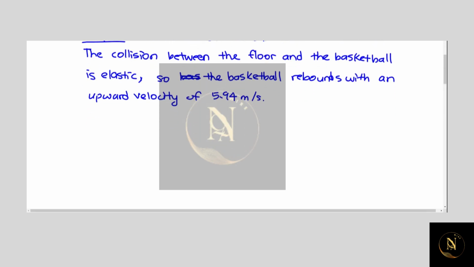What happens is that we have the basketball moving up at 5.94 meters per second, and we have the baseball coming down at 5.94 meters per second. I'm going to call the basketball M1, big M, and the baseball small m, which is 2. I'm going to take upward to be positive.